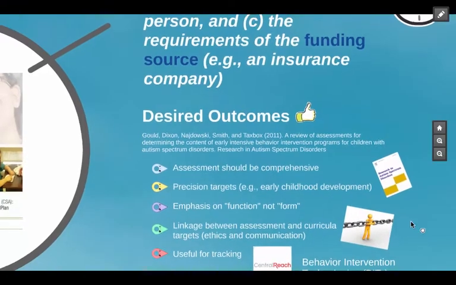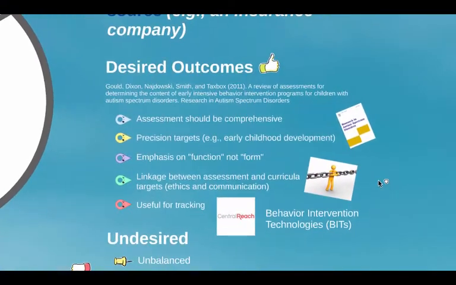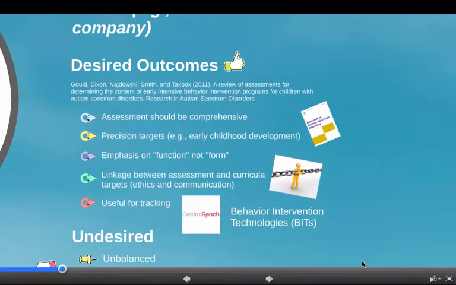But Gould and colleagues make a number of really great points regarding assessment. The first is that assessment should be comprehensive. So it should really look at and evaluate all the skills that matter in terms of the person's development and quality of life. The other thing that a good assessment tool should do is to have precision targets.